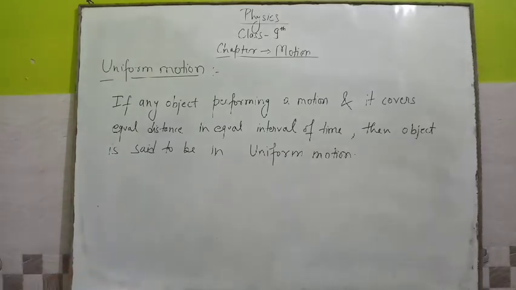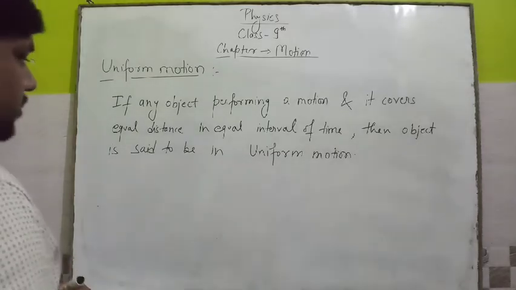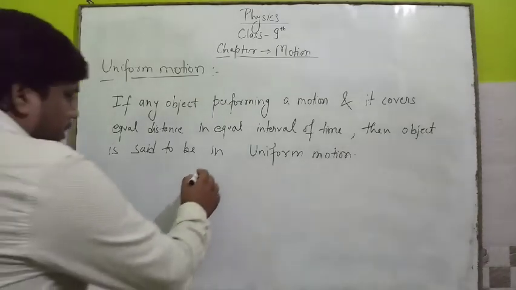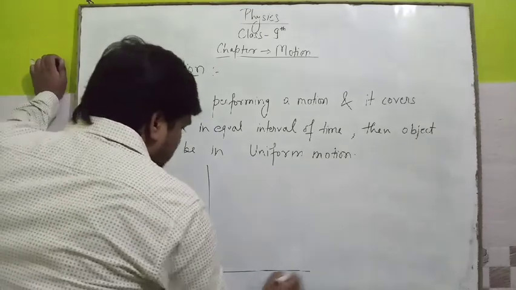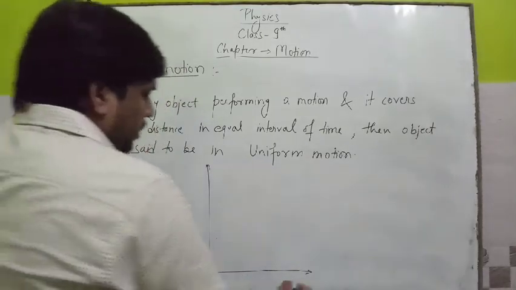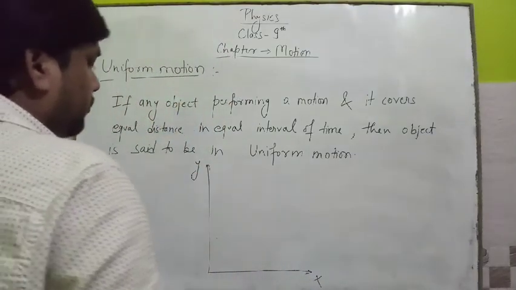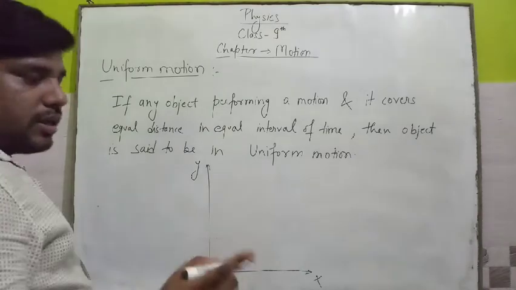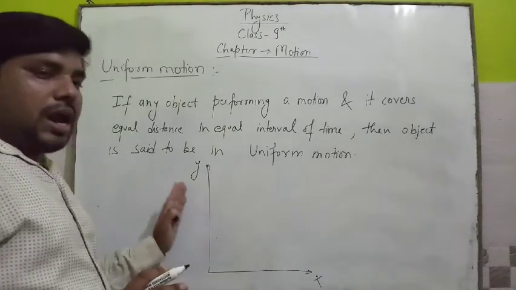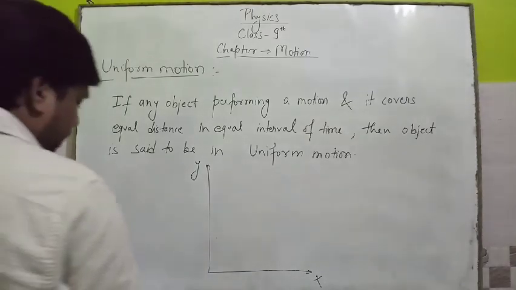After this, we can also draw the graph for uniform motion. First we know that there are two axes. This is the X axis, and this is the Y axis. You have to make this graph with the help of a scale.